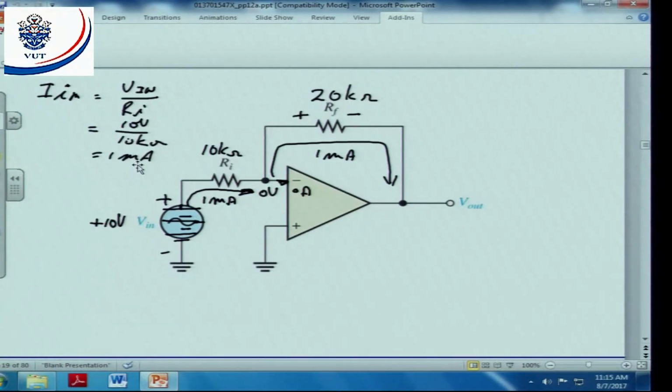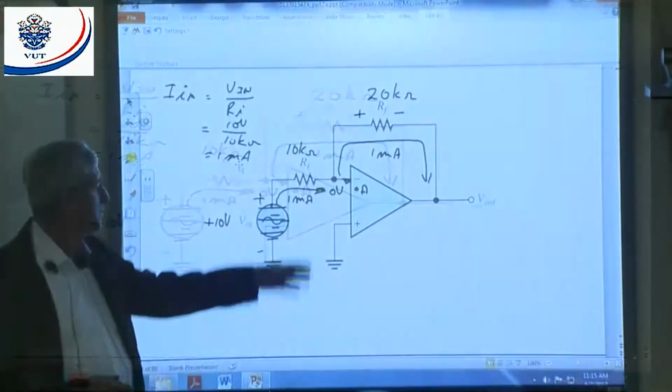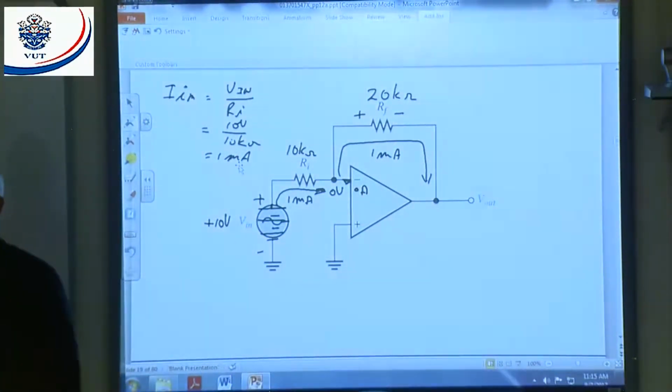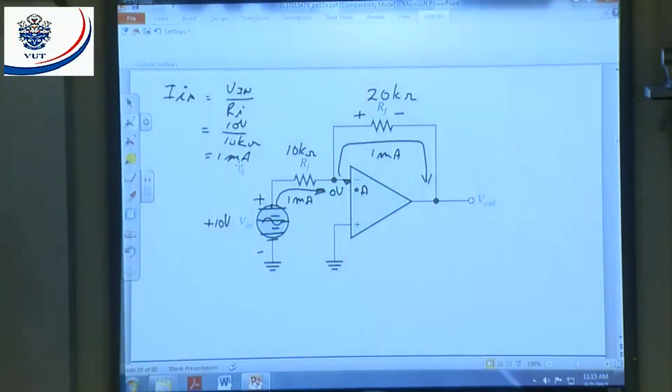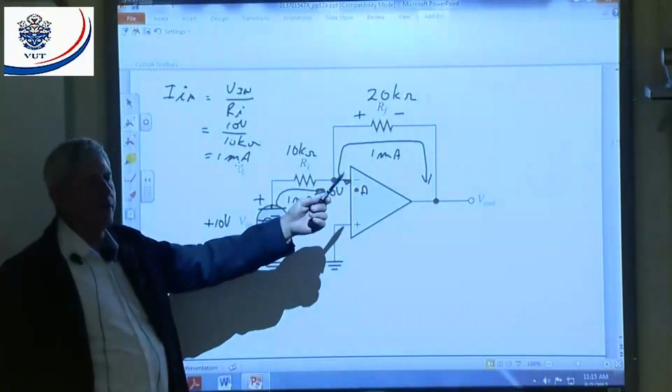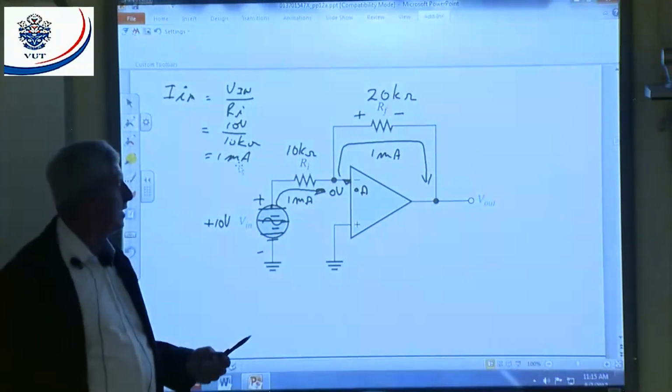Same circuit, everything the same. The only difference, I change RF to 20 kilo ohms. Again, the op amp tries to make the voltage difference 0. Don't worry about the supply. Let's say we've got a supply of plus 40, minus 40 volts. If I don't give you a supply, it can be any value.